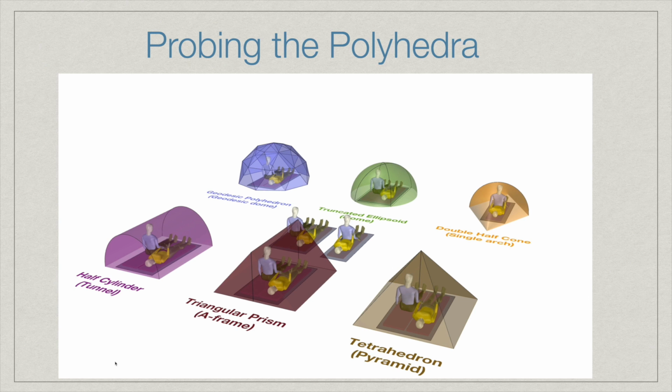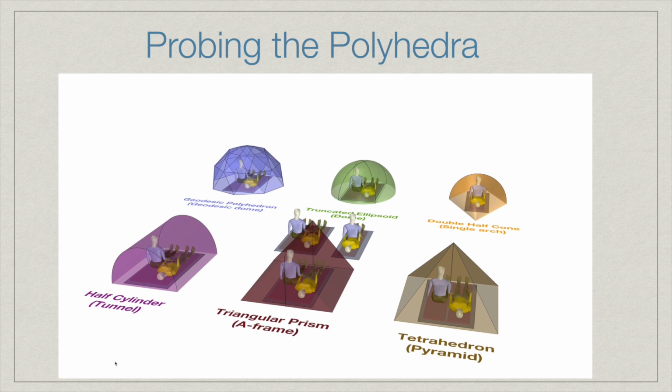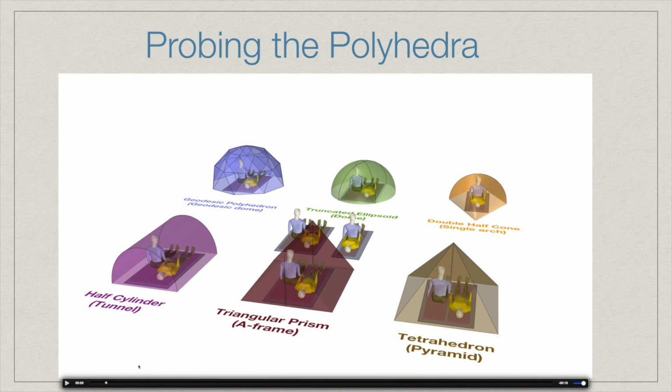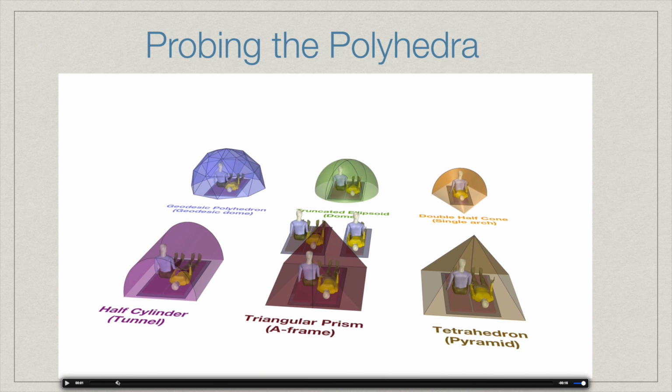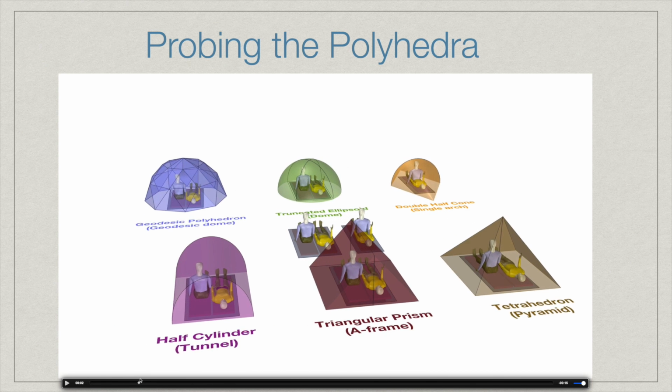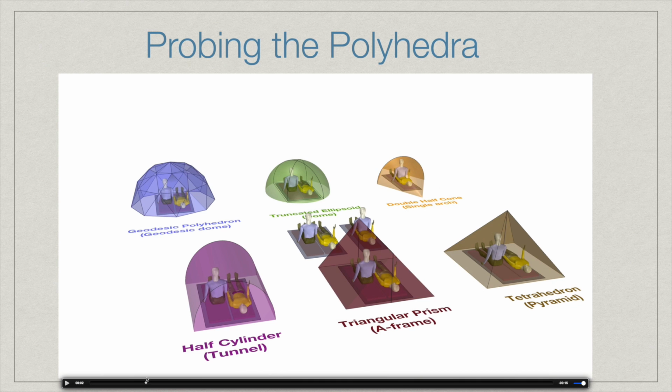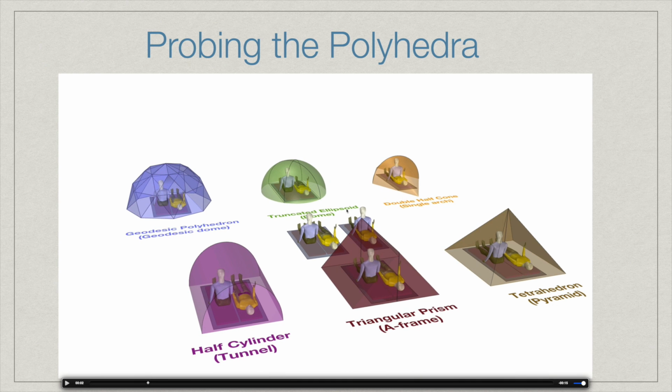Another classical structure here is the triangular prism, or the A-frame. This is the one with 2 trekking poles, one on either end. You can put people inside it along the axis, so that it's sort of a double entrance tent.